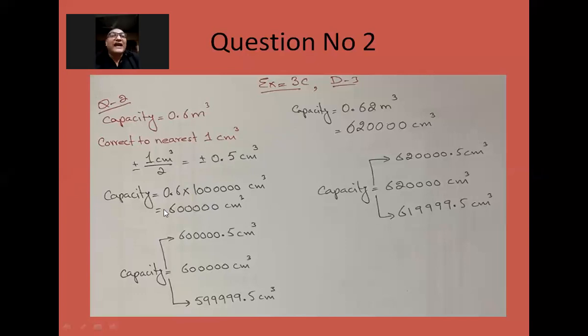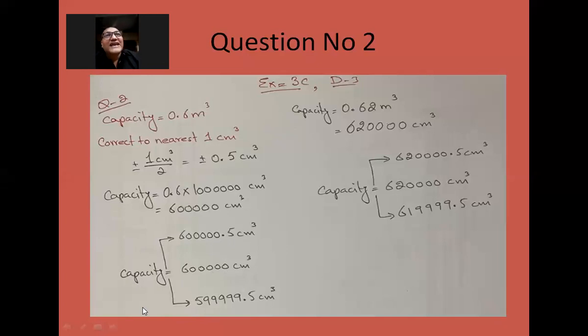When I added 0.5 to it, I got 600,000.5 centimeter cube. When I subtracted 0.5, I got 599,999.5 centimeter cube. So if you suppose the capacity given in your exercise is 0.6, which I am telling you is a misprint, then this will be the answer.